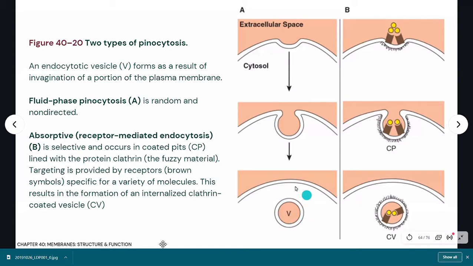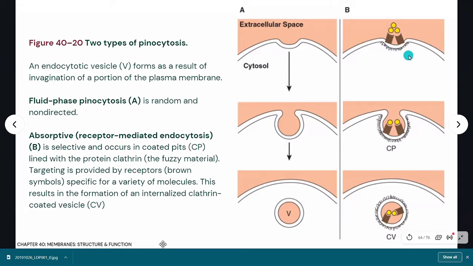There's another form, because this is known as fluid phase pinocytosis. And the other one on the other side, this one here, is absorptive receptor mediated endocytosis. Now the thing here is that the invaginated portion has proteins like a brush.